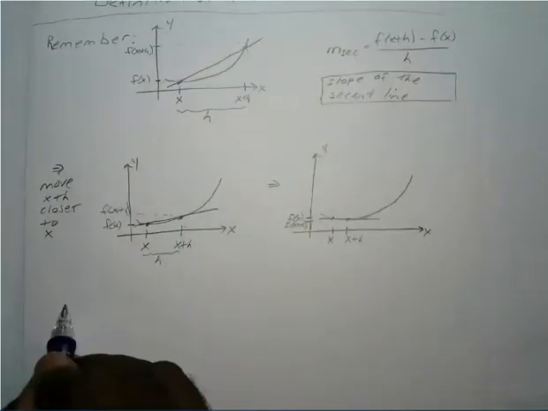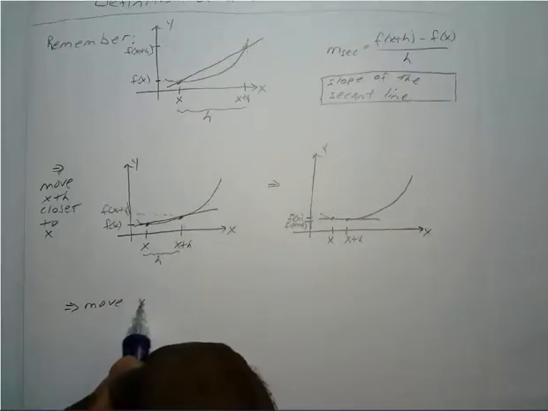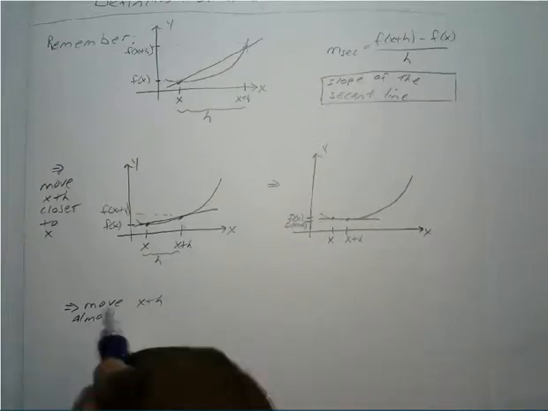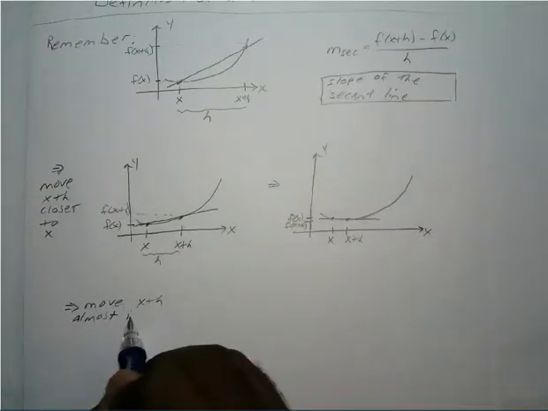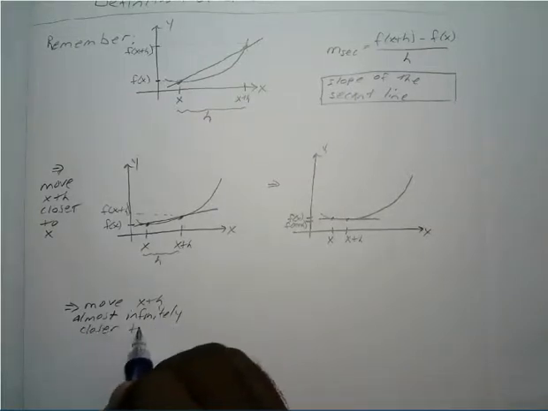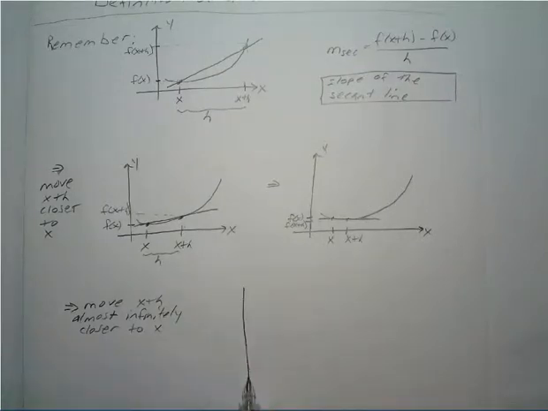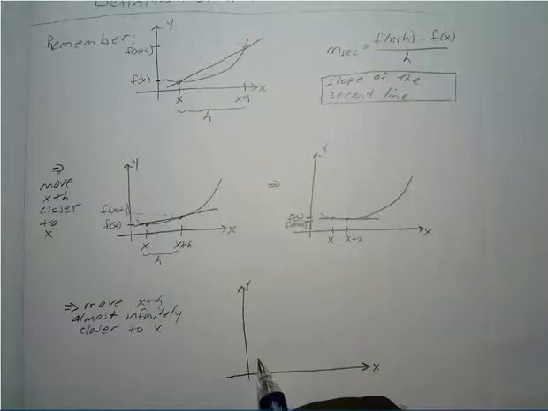Now we want to move x plus h almost infinitely closer to x. Since we can't do it infinitely, we're going to do almost infinitely. So we have our x, we have our y-axis, and again it's the same graph.